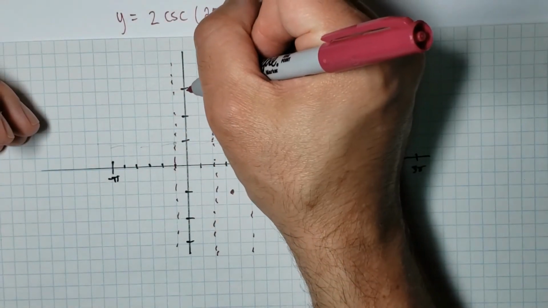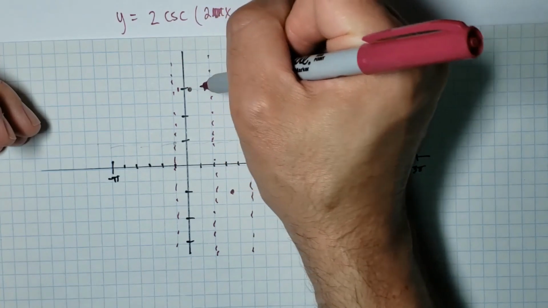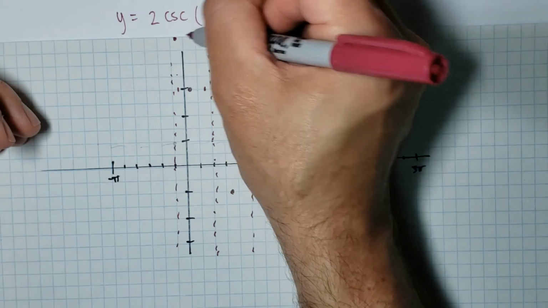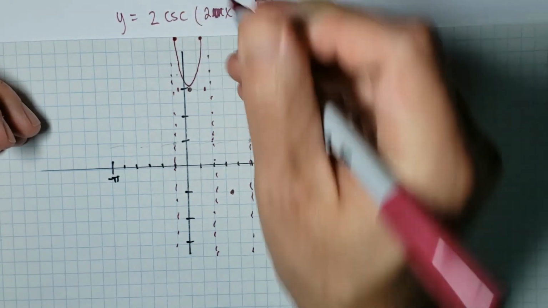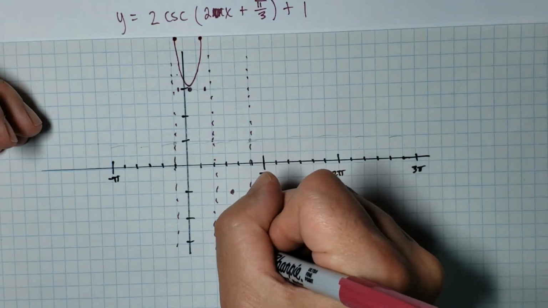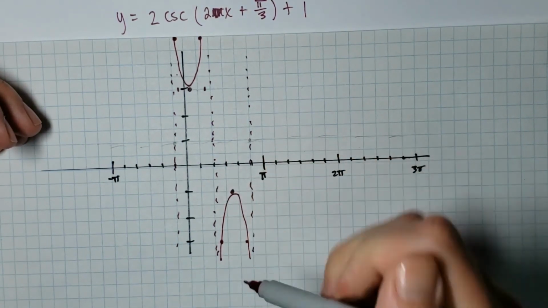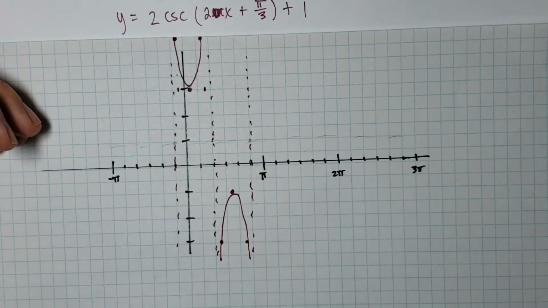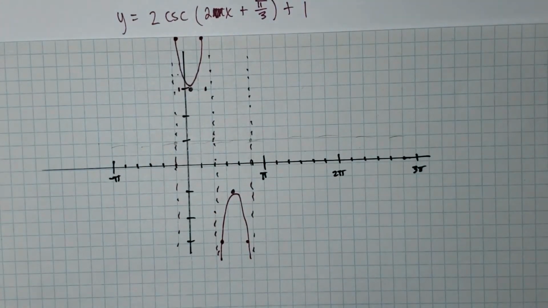And then from here, I have my third waypoint, which would be right there and right there. I have to go up 1, 2, 3, 4 halves or 2. So I have that U right there. And then I go down to, should be right there and right there. Notice that those points are closer to the asymptote than the center point there, or the max or the min. So there are my two U shapes, and that is that cosecant function.